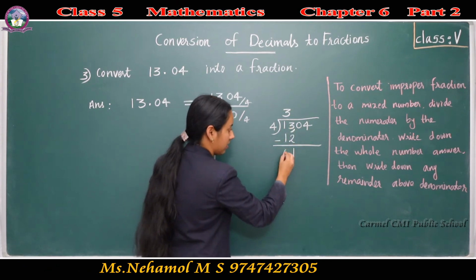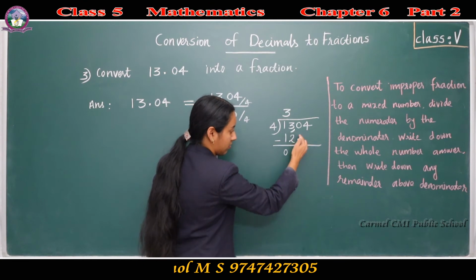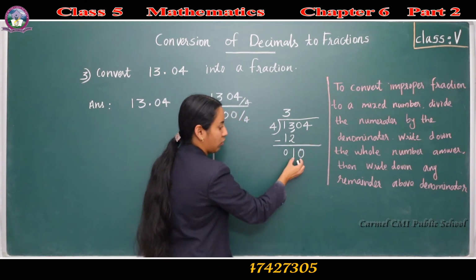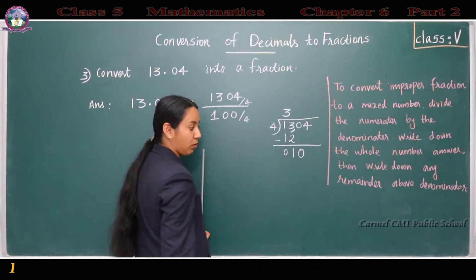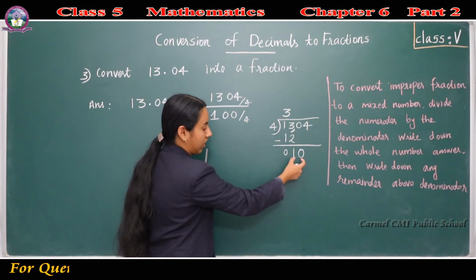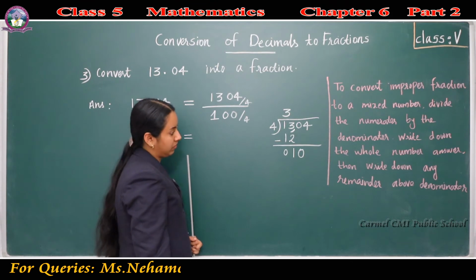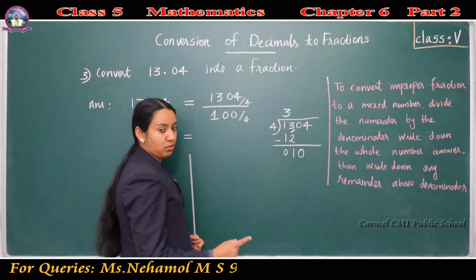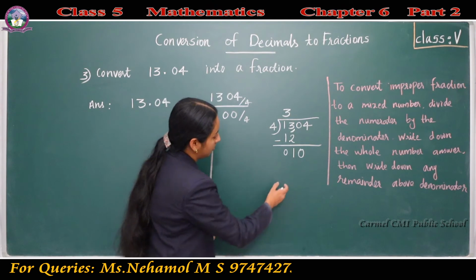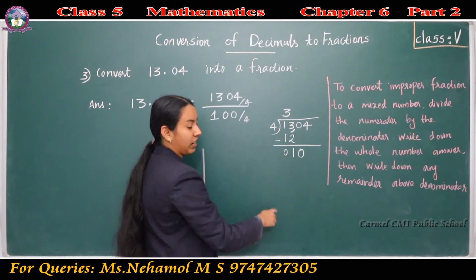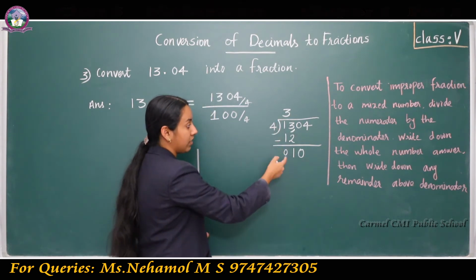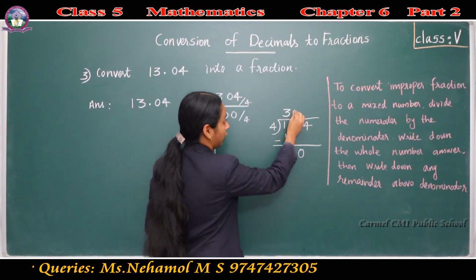Then write the 0 down. Now we got 10. 10 is greater than 4. So how many 4s are there in 10? 2 fours are 8, 3 fours are 12. So we have to take 2.